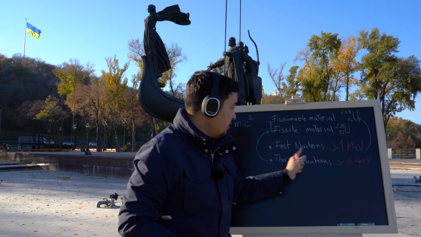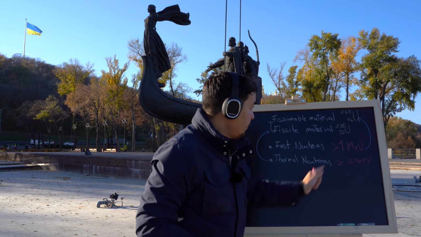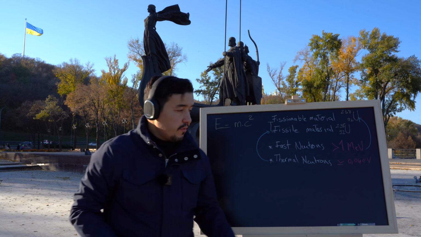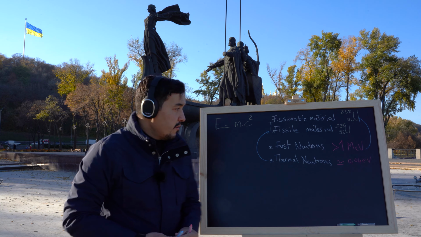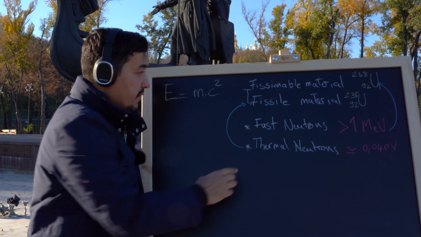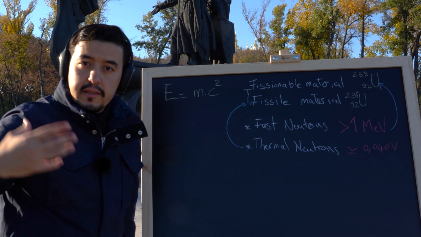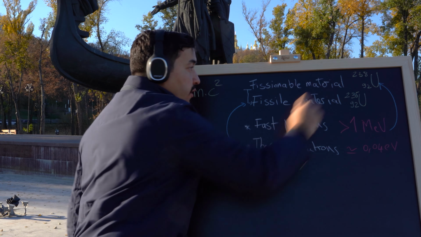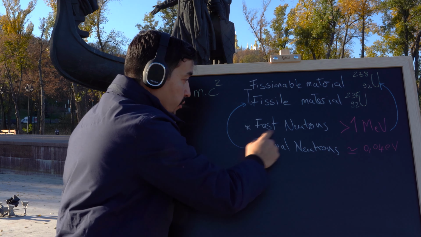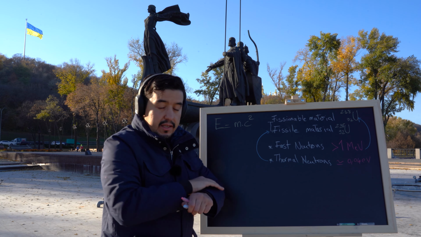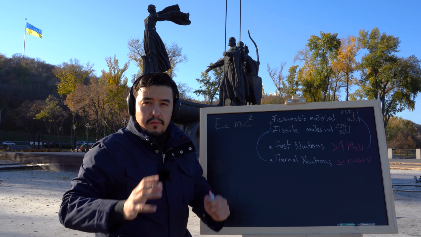The uranium-238, you split it with fast neutrons, and the fissile material, uranium-235, with thermal neutrons. So this makes a first big difference between why we use the 235 to create the nuclear reaction and not the uranium-238, because the neutrons they need have a huge difference in speed.